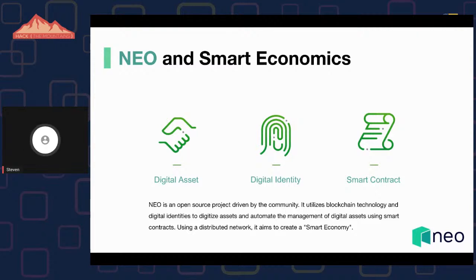We have a core developer team around the world, and the target of Neo is to use smart contracts and digital assets to digitalize real-world assets on the blockchain, and use digital identity to put it on chain and do digital economics. That was the goal of Neo in the beginning. That's called the smart economy.